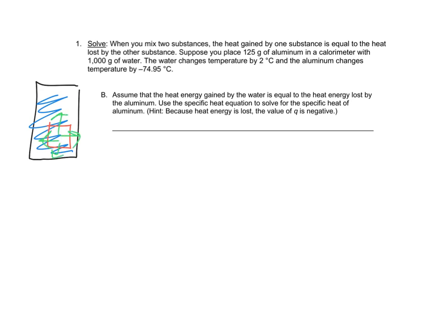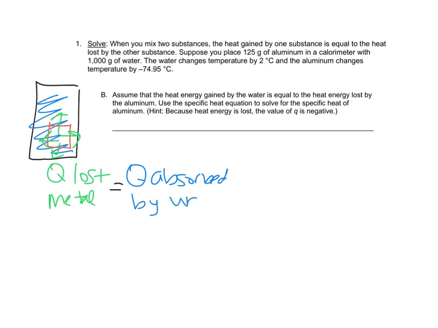So Q lost by the metal is going to be equal to the heat energy absorbed by the water. All of the heat lost by the aluminum metal is being absorbed by the water.